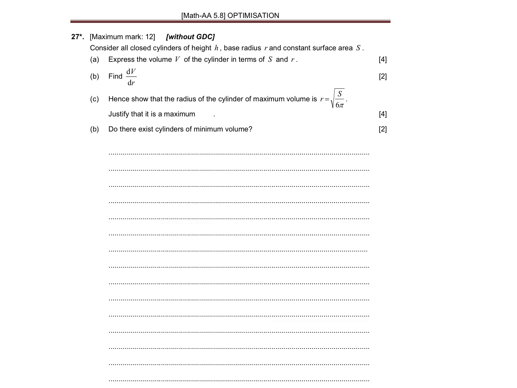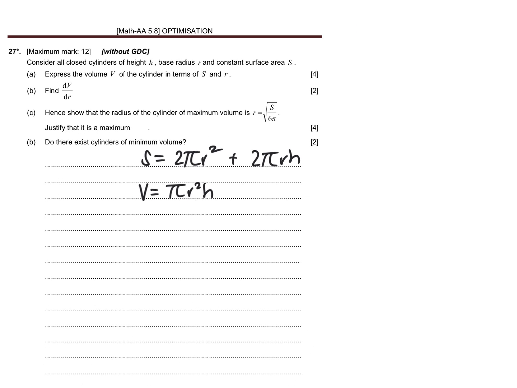Okay, consider all closed cylinders of height h, base radius r, constant surface area S. So surface area is 2 circle areas plus 2 pi r h, and volume is pi r squared times the height. So we need to solve this for h. So we're going to have S minus 2 pi r squared over 2 pi r, that's h.